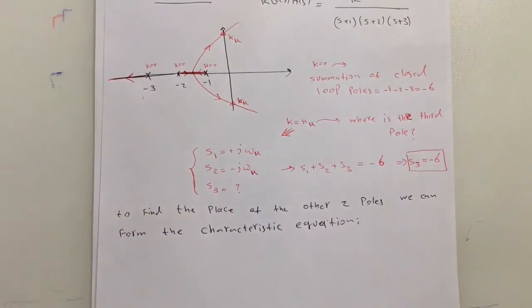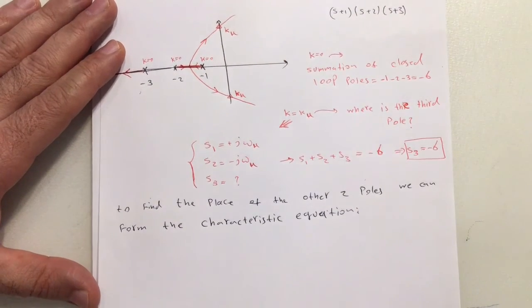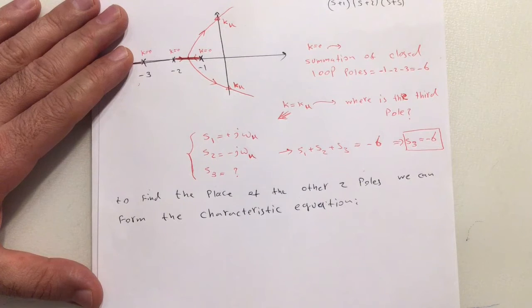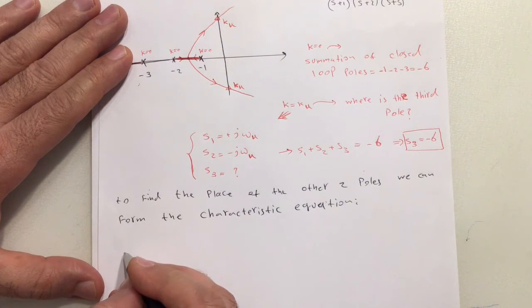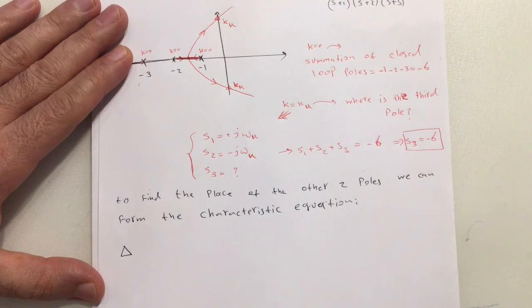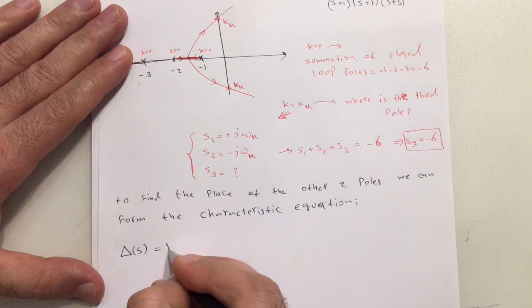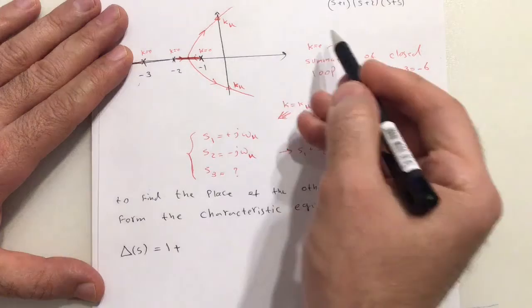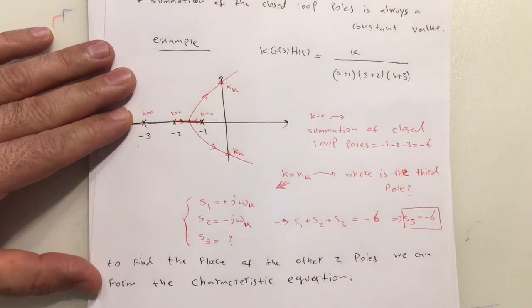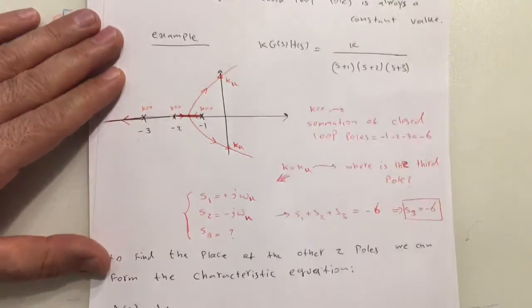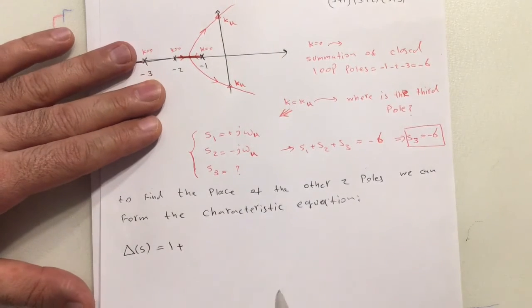What was the characteristic equation? If you remember from some lectures before, we call that delta S, and delta S is 1 plus loop gain. 1 plus loop gain is equal to 0.